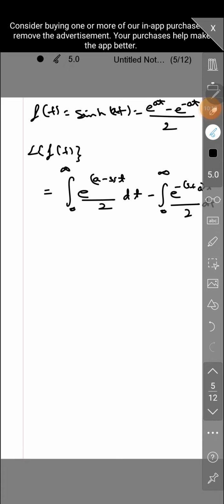So this will actually equal the integration from 0 to infinity of e to the power a minus s times t over 2 dt, and here you have minus the integration from 0 to infinity of e to the power minus s plus a times t over 2 dt. Clear? So we already know the values of these, we have already done them in the elementary functions, right?